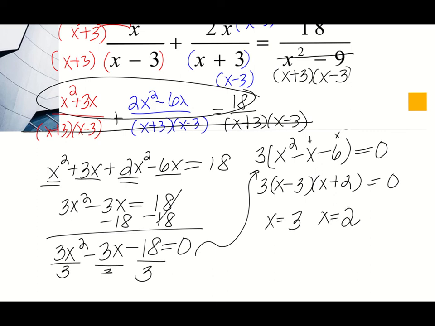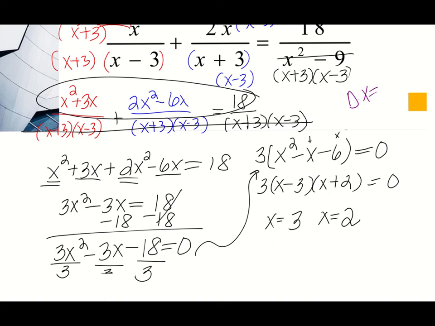What do I have to do? I always have to check for extraneous solutions. And I didn't do my domain restriction at the beginning, so I need to go back and do that now. My domain restriction comes from looking at the denominator.